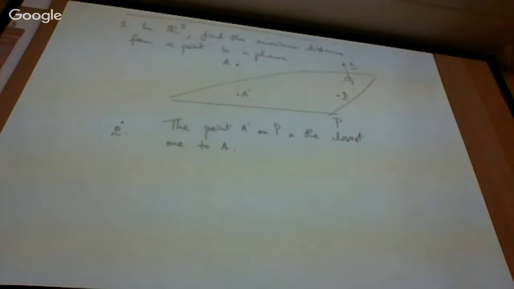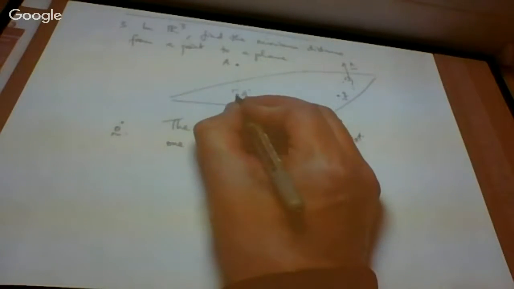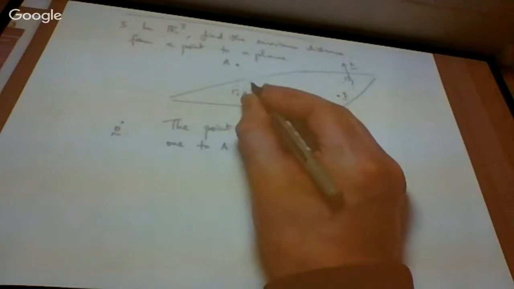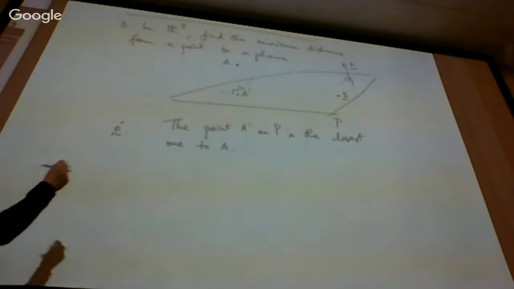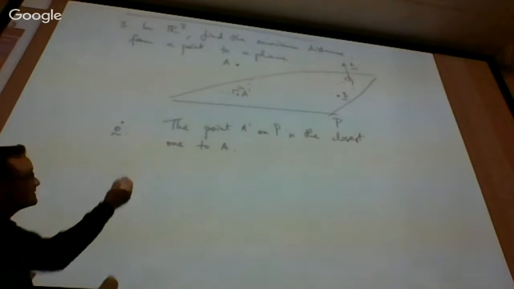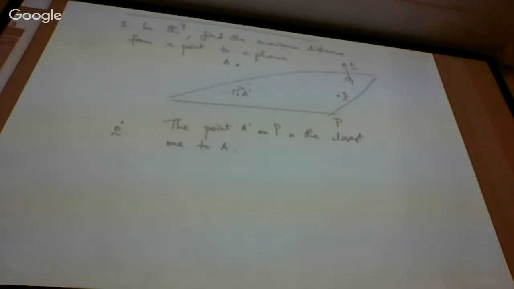And again, we use that same principle that we had to solve the previous problem. This minimum distance has to be achieved along a line which goes at right angles to the plane. So this line itself makes right angles with any vector that lies in the plane. If it wasn't making right angles, then there'd be another point in the plane which was making right angles from A, and you'd have a little rectangle there.